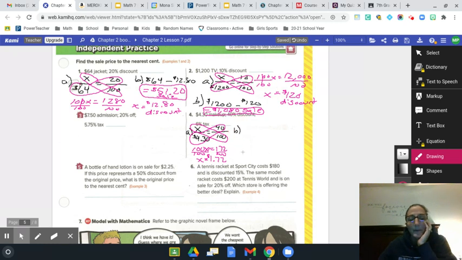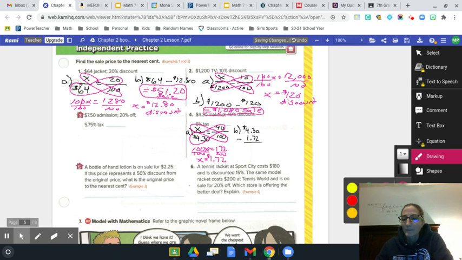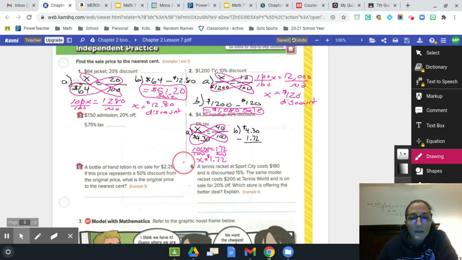Second step, you need to know the sale price. So to find your sale price, we're going to take that makeup, that $4.30, and subtract away from that the discount, $1.72. Again, this is the discount you found in the first step.